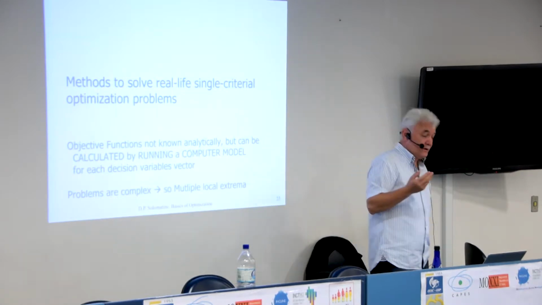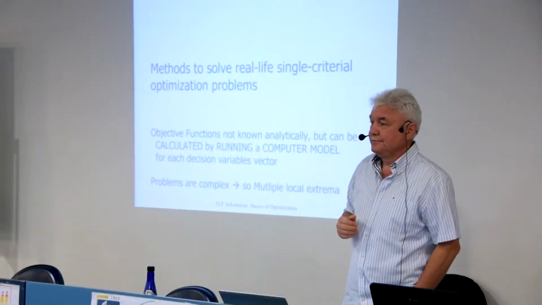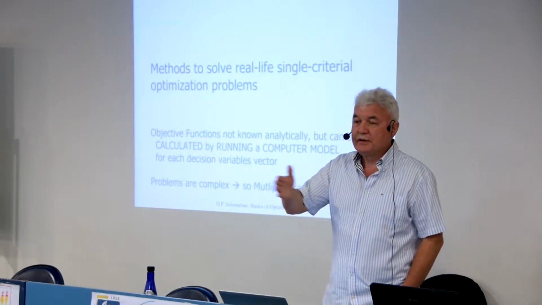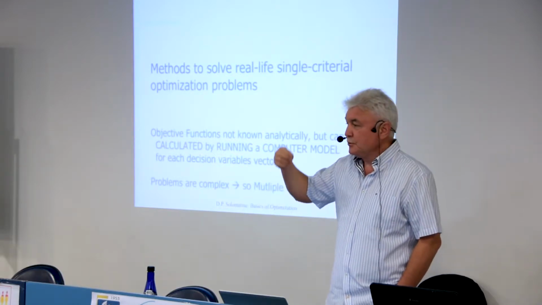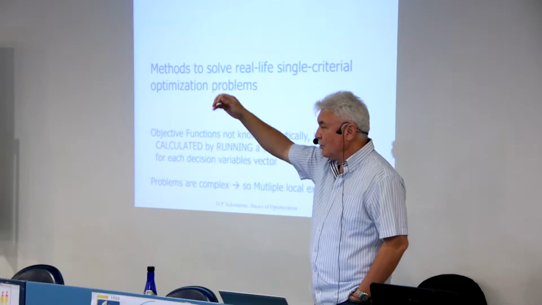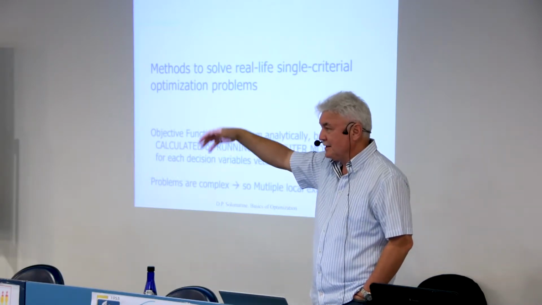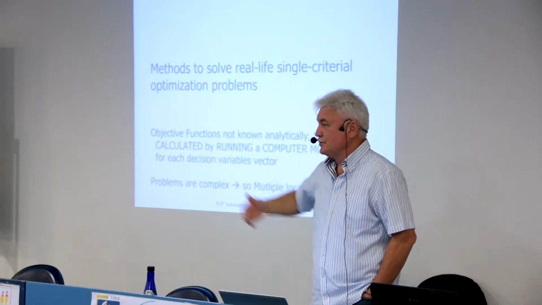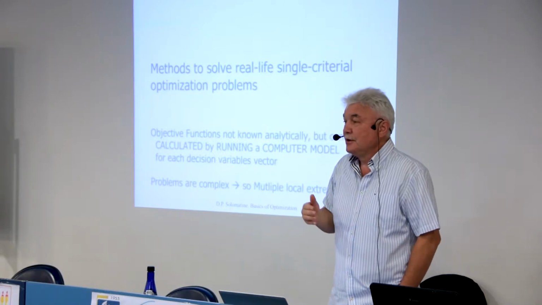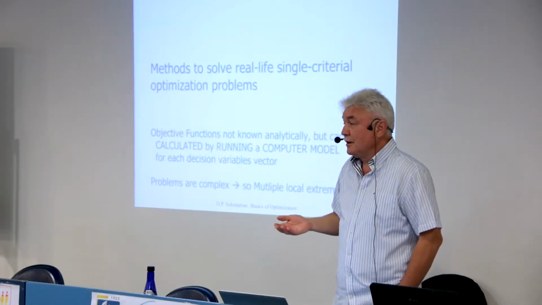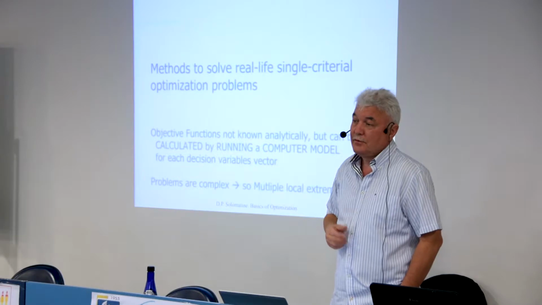Well, look, this value is given by a model. You have to run the EPANET model or any other model that would calculate head given all other factors that influence the water distribution system. So there is no analytical function for many of these things.